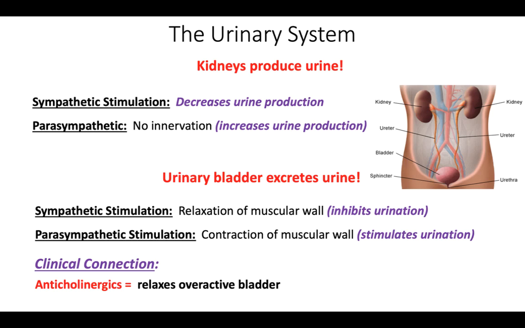It's such an extreme fear that it actually activates your parasympathetic nervous system. But typically you're going to urinate when you're at rest because parasympathetic stimulation contracts the muscle of your bladder. Clinical connection, some people have an overactive bladder. You can kind of inhibit that overactive bladder using anticholinergics.